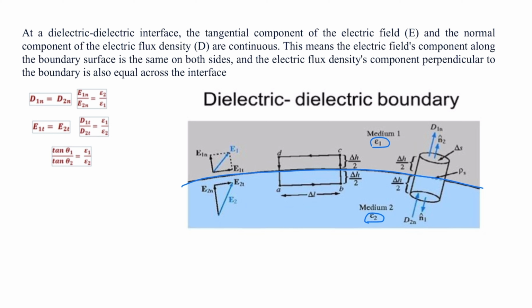In a dielectric interface, the tangential component of electric field and the normal flux density both are continuous. This means E1t is equal to E2t, and D1n is equal to D2n.